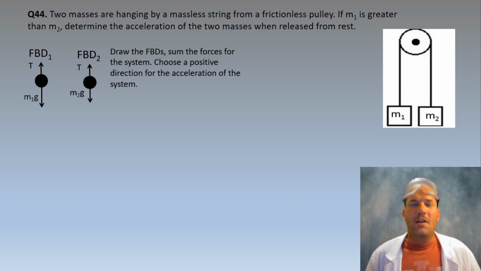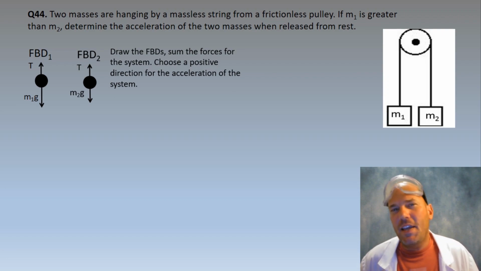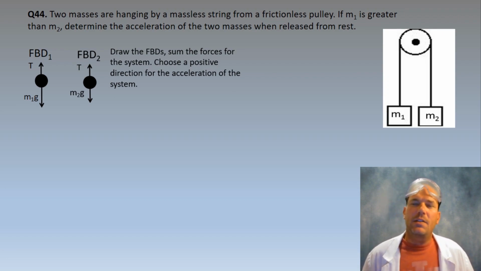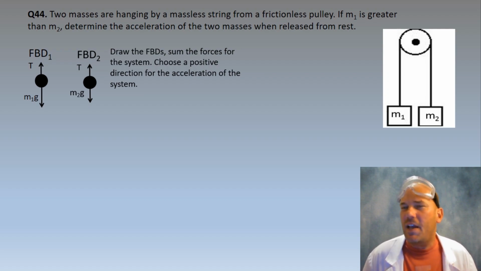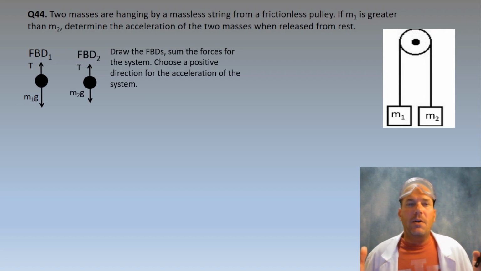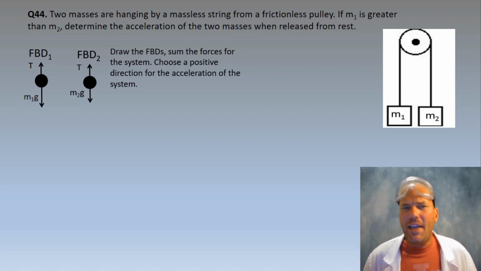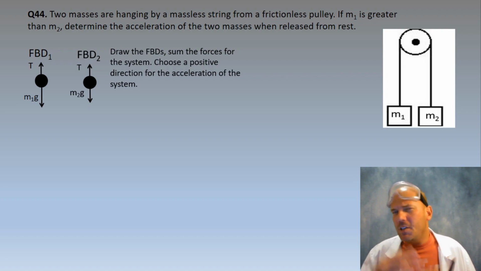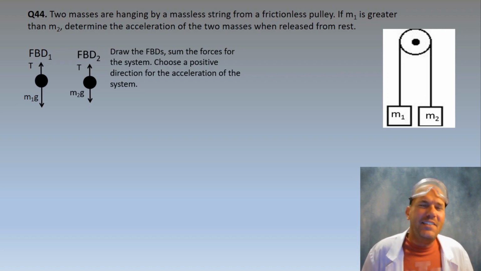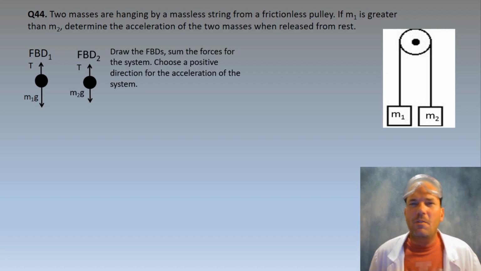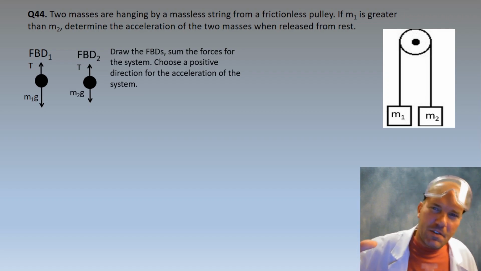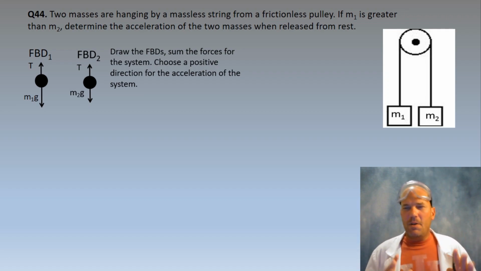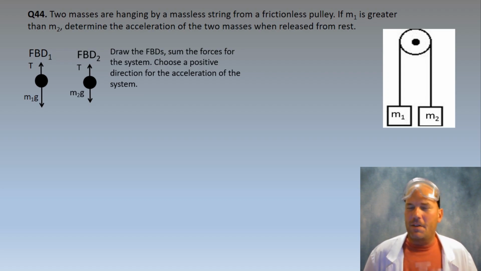Question 44, where we're going to start using a system approach to find out some things about the forces acting within these two objects or the system. So two masses are hanging by a massless string from a frictionless pulley, and I've alluded to that in class. That'll become relevant when we start talking about rotational inertia, but for now, this is perfect.